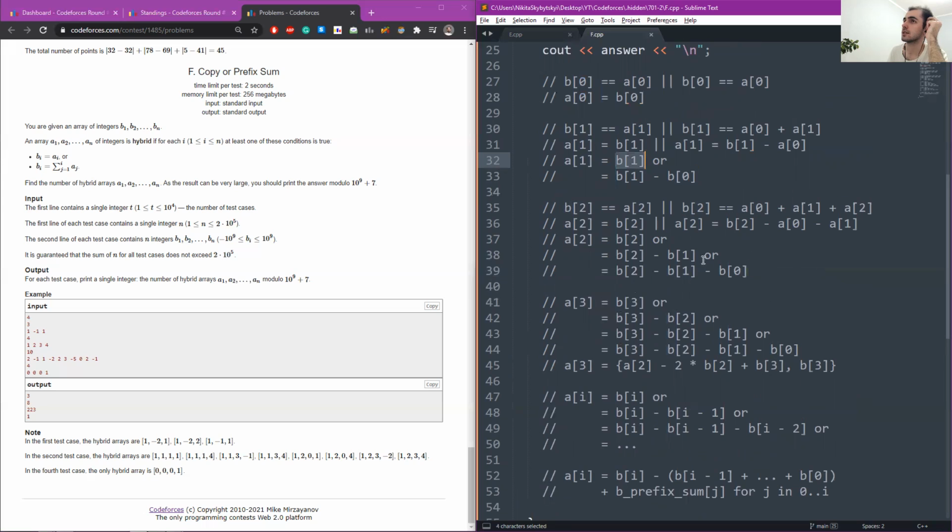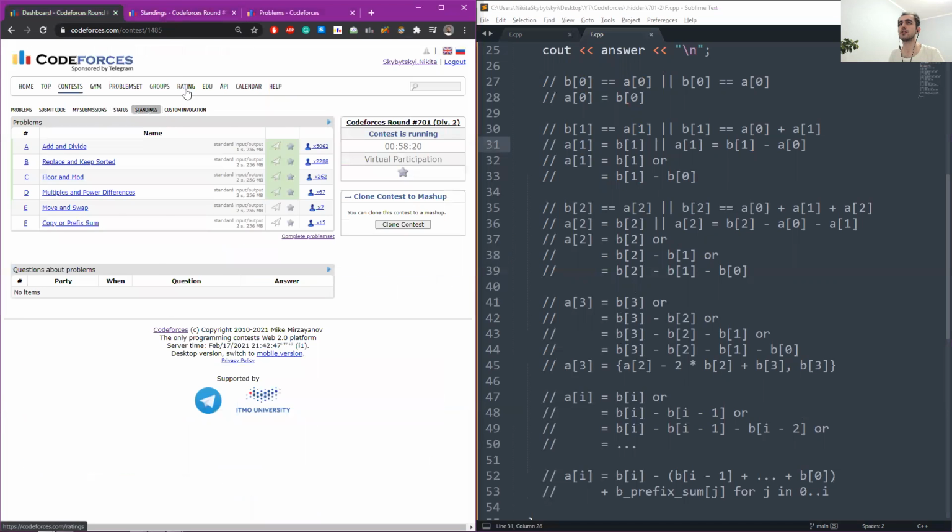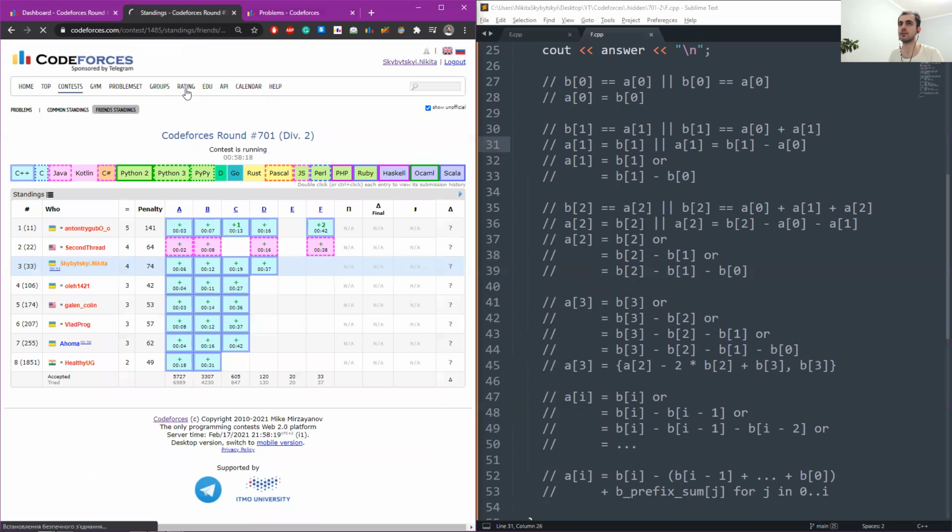And if A1 is equal to B1, then we can get this. And this we can get in both cases. We should have thought it through. Okay, how much time? Okay, we have 1 hour left.